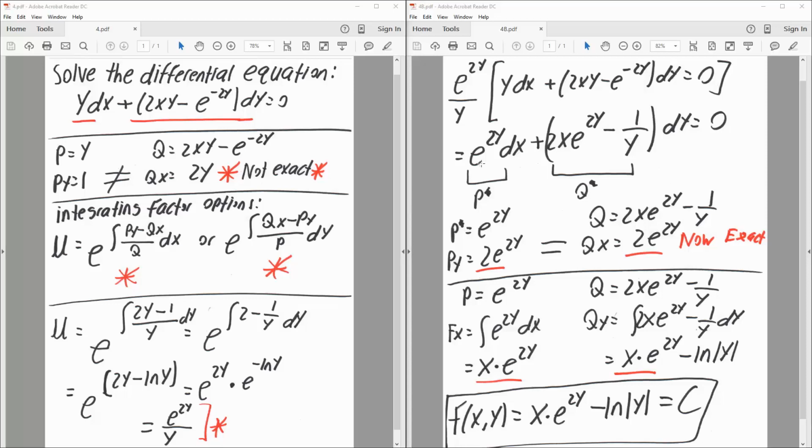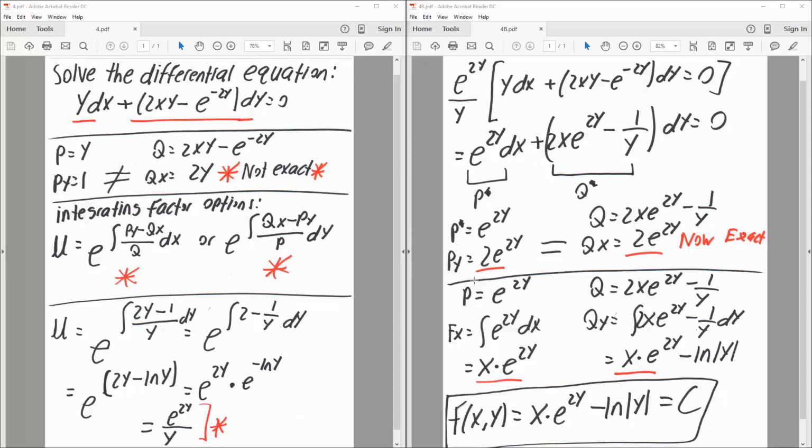And so we would get e raised to 2y dx plus (2x e raised to 2y minus, this would cancel this term out, so we would get minus 1 over y) dy. So now this is still our P term, and this is our Q term. So we say P is equal to e raised to 2y, and Q is equal to 2x e raised to 2y minus 1 over y.